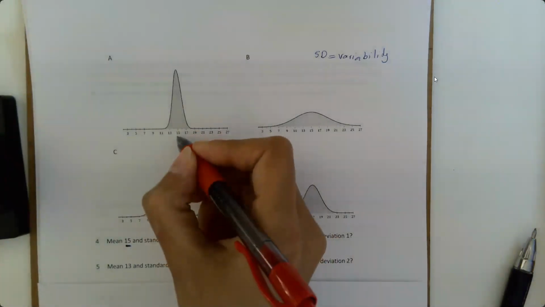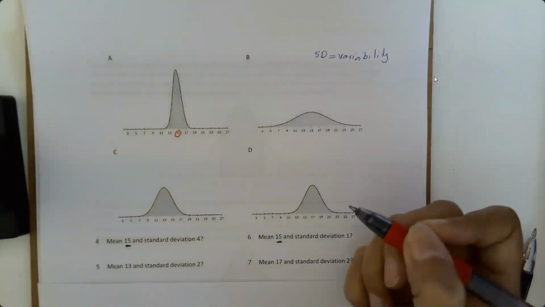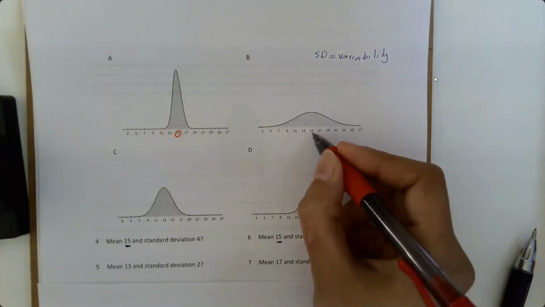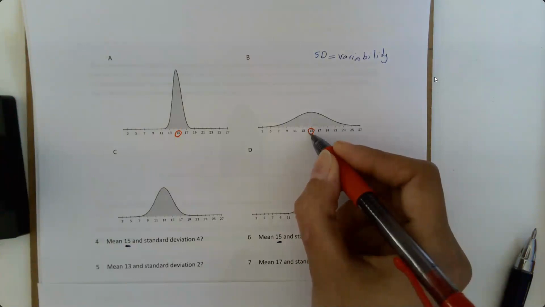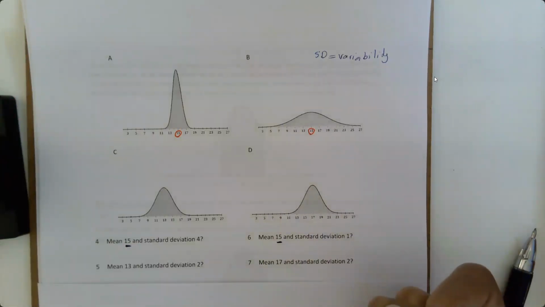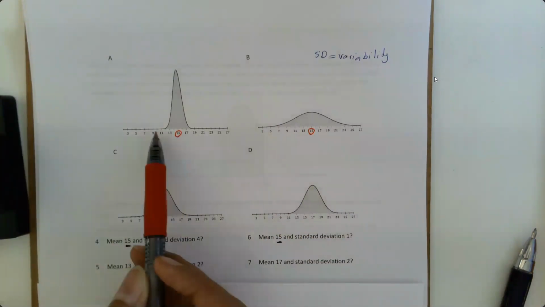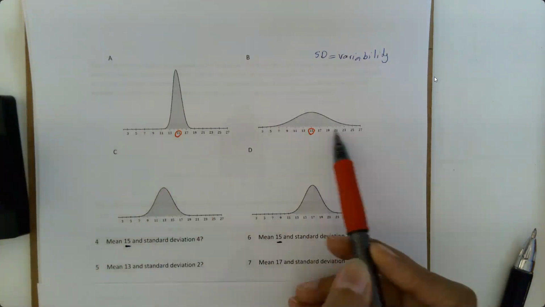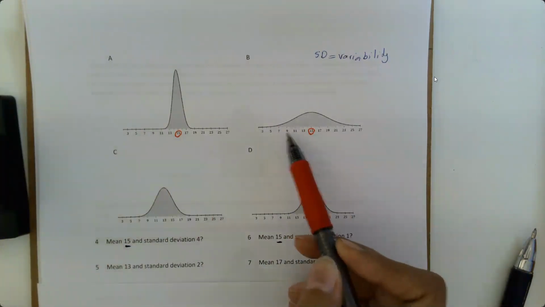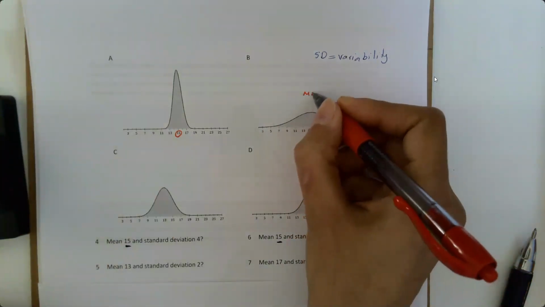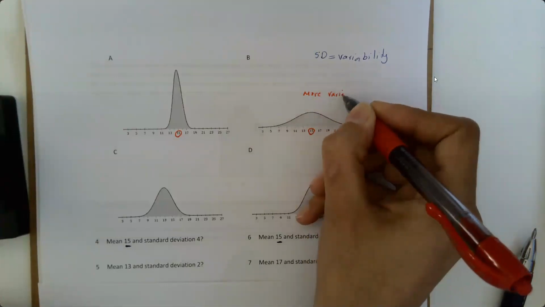Okay, here we go. The mean of graph B is also 15. Which one has more variability? Which one has the higher standard deviation? You don't see that much variability in this graph, but the variability in this graph is high. So this has more variability.